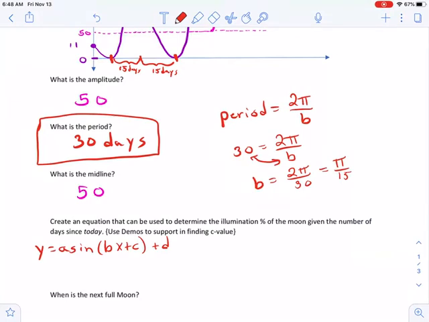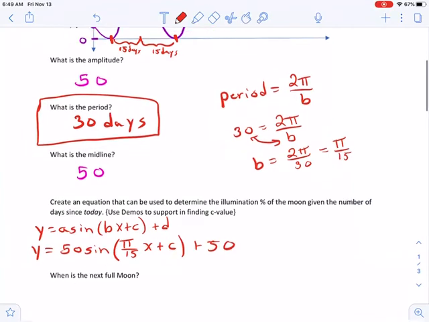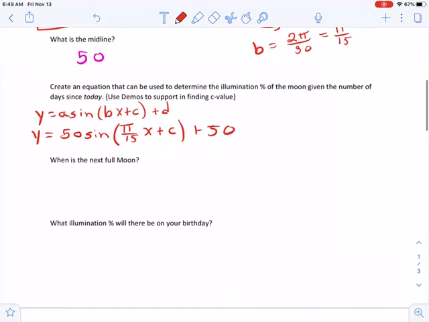So midline is d, and then my amplitude is my a value. So this equation now looks like 50 sine of pi over 15 times x plus c, plus 50. Okay, so we're almost right there.